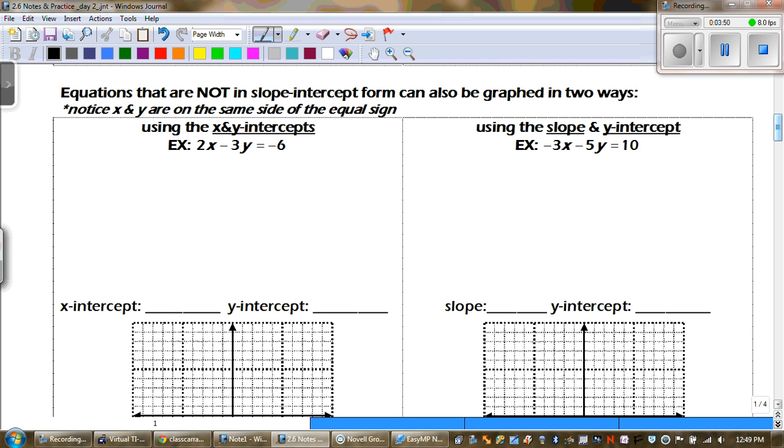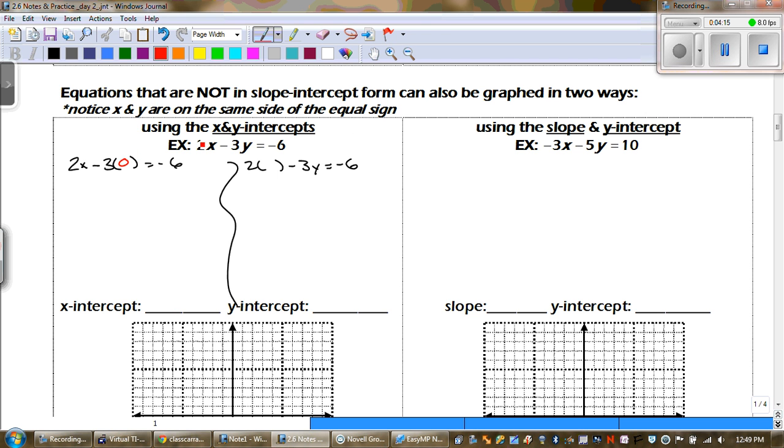Equations that are not in slope-intercept form can also be graphed in two ways. Okay? So, we've talked about this before where we find the x and y intercepts. Okay, so when we do that, 2x minus 3y equals -6, we plug in for the variables.